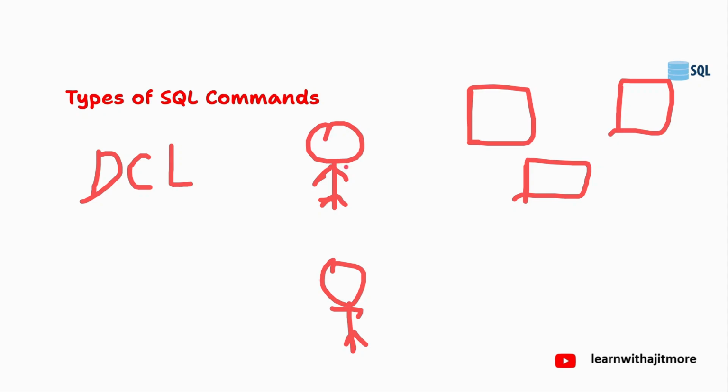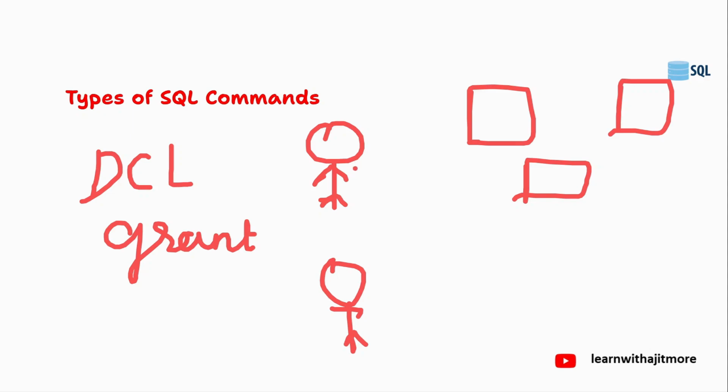Okay, so suppose one user wants to give the privilege to another user to view the database. Then for that also they have given commands like grant. So when one user grants the privilege to another, now the other user will be able to see your tables and all. Which privilege depends on whether you have given select privilege or insert privilege or delete.